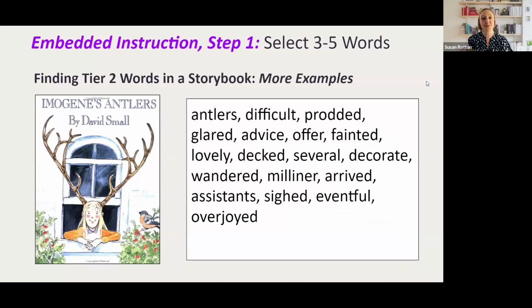And then the next page shows these are all words within Imogene's Antlers. So again, that point about the use of storybooks, you can see it's a great resource for words to select and directly teach. So when you have a lot of words within a book, like this example, you want to narrow it down so you're not teaching all of them. And there are a lot of different ways you could do that.